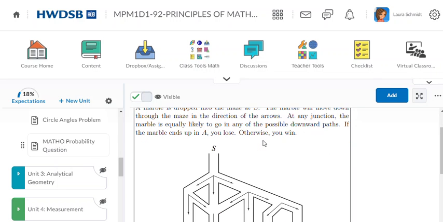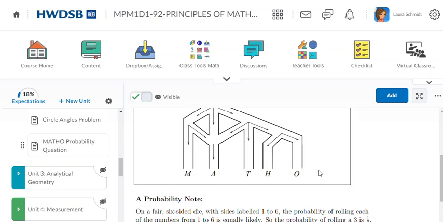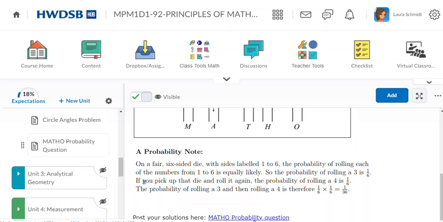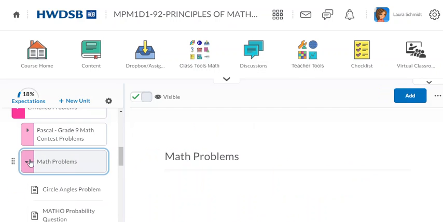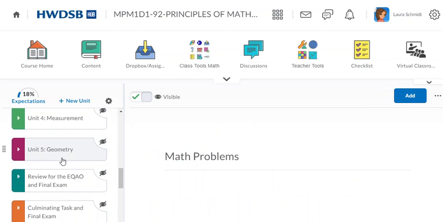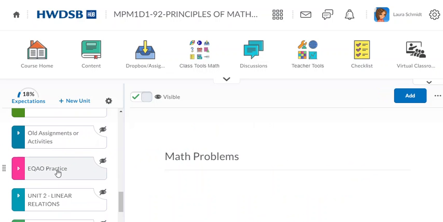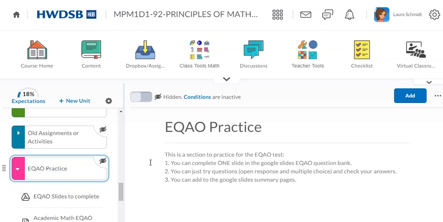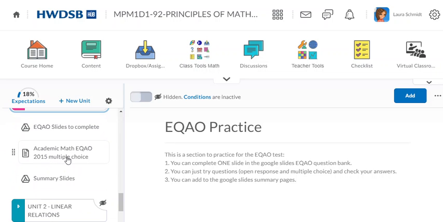If you want to try Matho, where you drop the marble and it's a probability question, you can now post into the discussion board. You can try any of the enriched problems, or I'm going to open up EQAO practice questions, so if you've got nothing to do, you can start practicing.